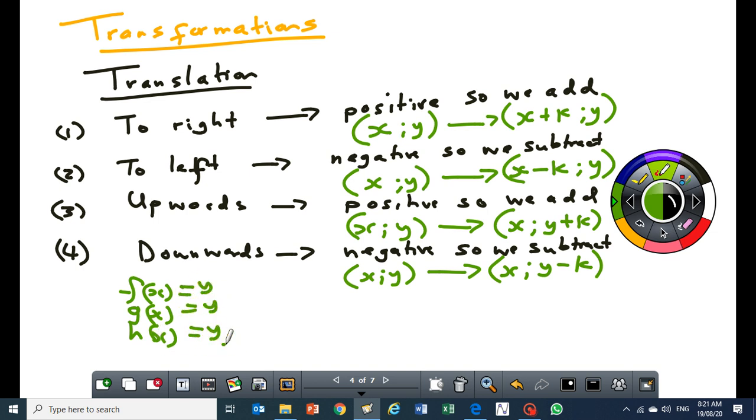So where I have got y here, I can substitute any of these, f of x. You can even have m, you can have t, any letter, as long as there is a letter and the x is in brackets. That's called function notation. As long as a letter and then there's x in brackets, means you are dealing with function notation.